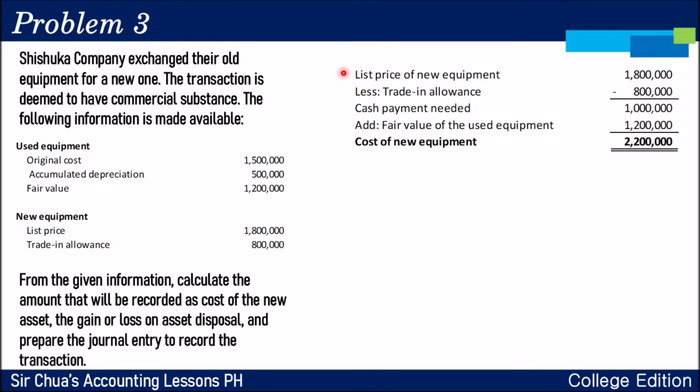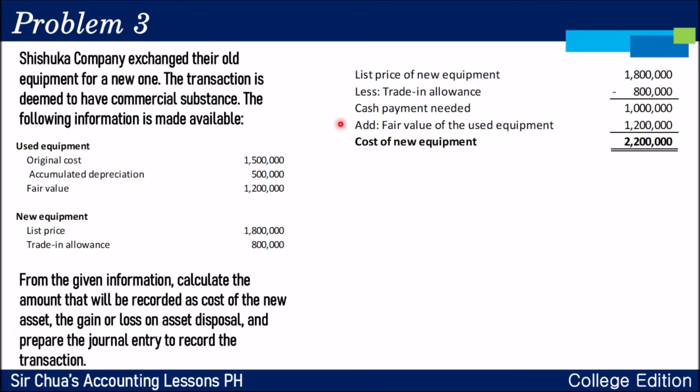Pero dahil po ito ay exchange transaction, hindi naman po tayo pagbabayarin ng 1,800,000 talaga dahil may ka-exchange naman siyang used equipment. So, you deduct any trade-in allowance of 800,000, the cash payment needed is 1 million. Now, i-add mo po doon sa 1 million na ibabayad ng company yung fair value nung used equipment, which is 1,200,000.